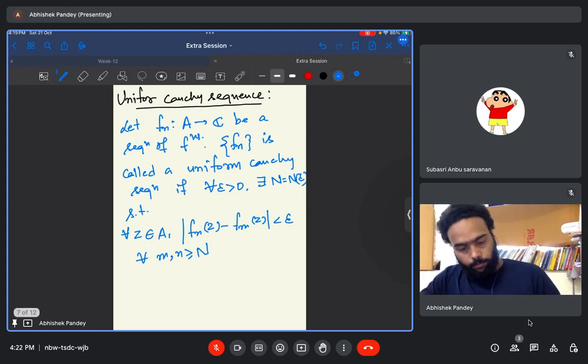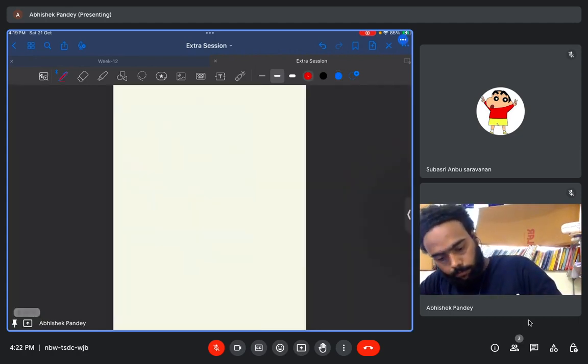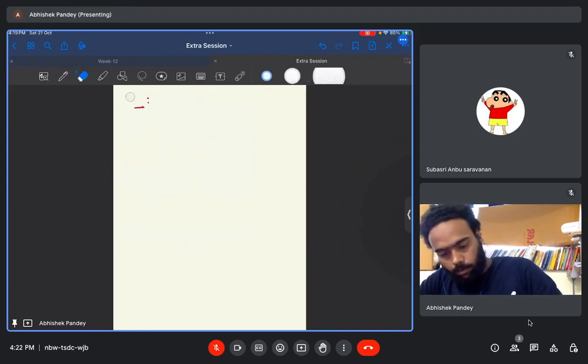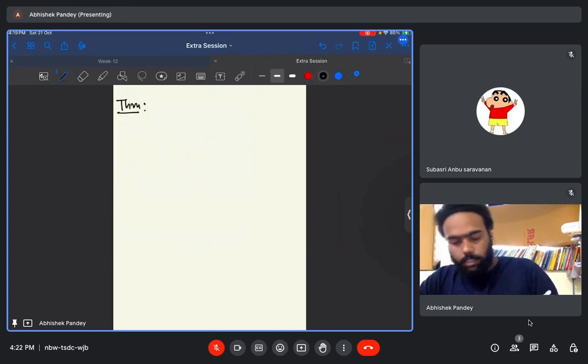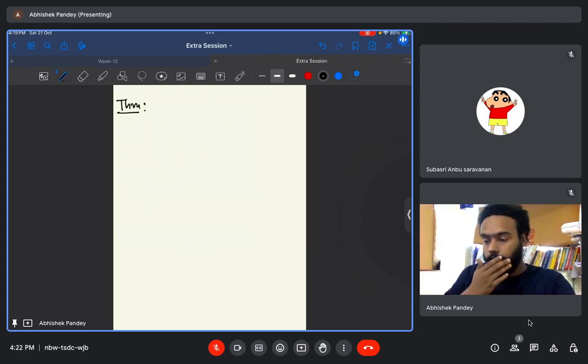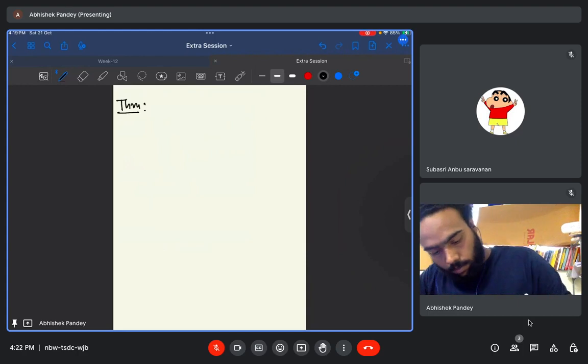We'll see the following theorem, which gives an if and only if criterion of uniform convergence, known as the Cauchy criterion for uniform convergence.